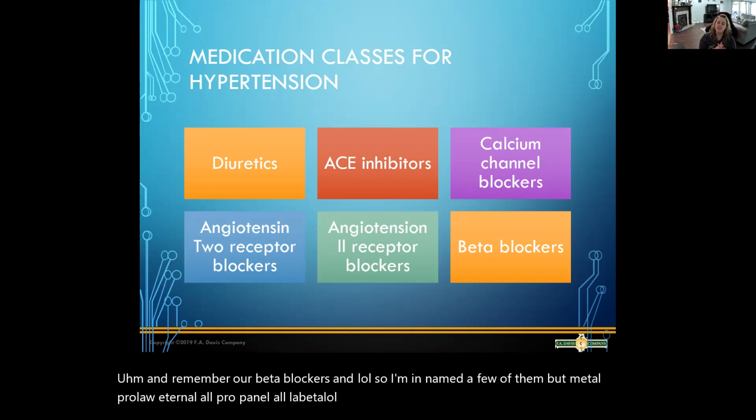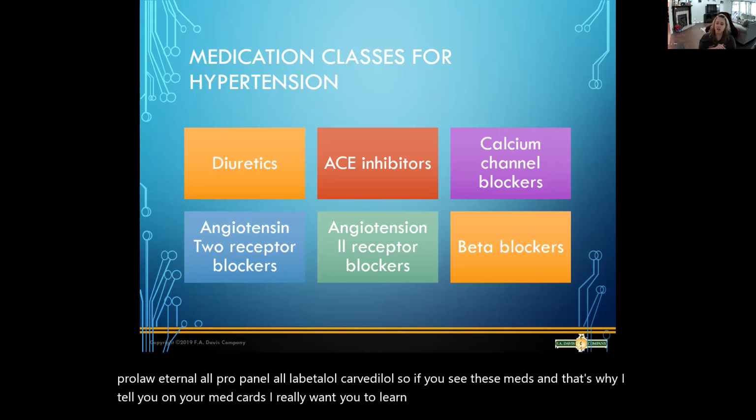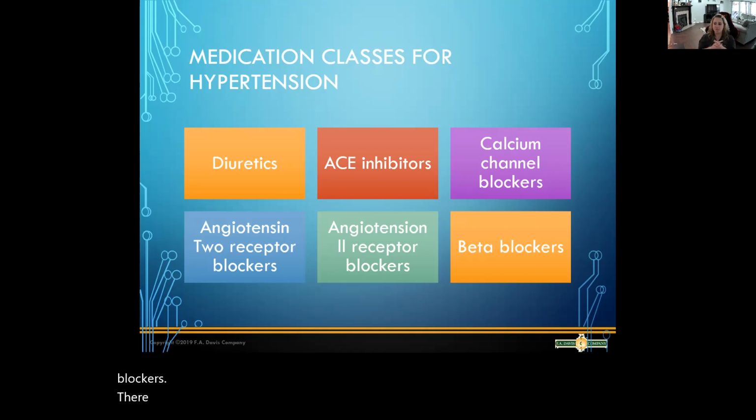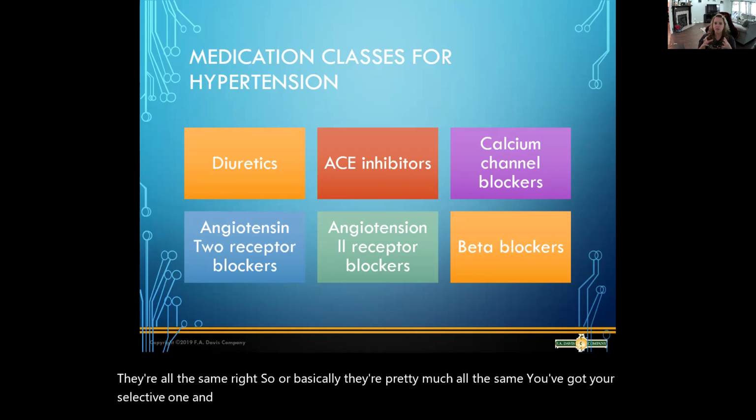So if you see these meds, and that's why I tell you on your med cards, I really want you to learn the class, because if I see propranolol, I see that it ends in -lol, and I know that's a beta blocker. And I have learned about beta blockers; they're basically pretty much all the same. You've got your selective 1 and 2s, but I know about that class.